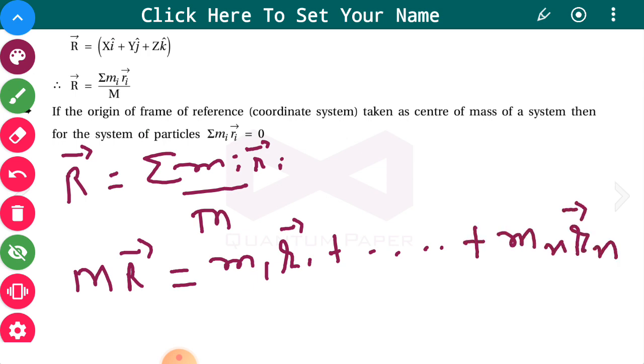This is the expression for the position vector of center of mass of the system of n particles, and this is given in topic number 7.3 on page number 148.